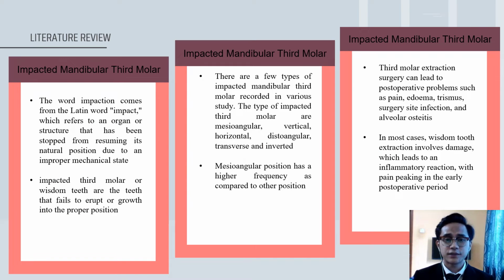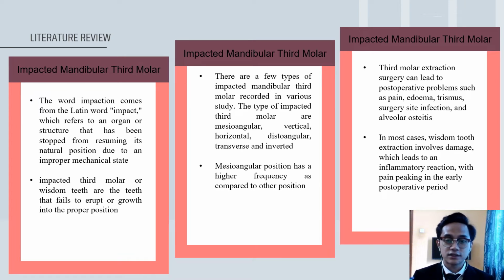Next, I will explain the literature review for impacted mandibular third molar. The word impaction comes from the Latin word impact, which refers to an organ or structure that has been stopped from resuming its natural position due to an improper mechanical state. In this case, impacted third molar or impacted wisdom teeth are the teeth that fail to erupt or grow into the proper position, causing pain to the person experiencing it.